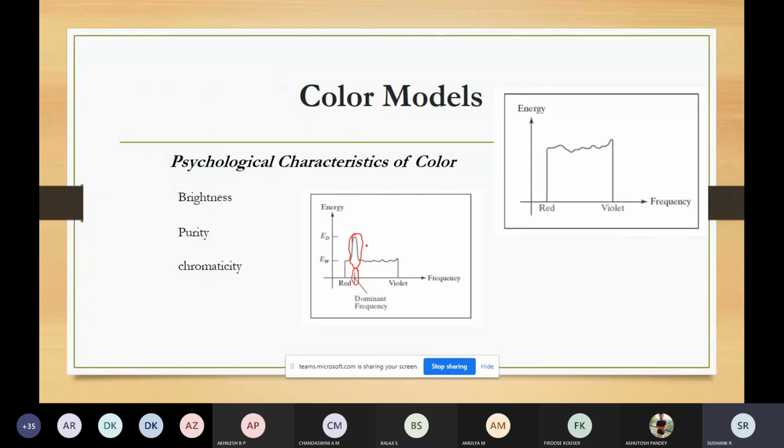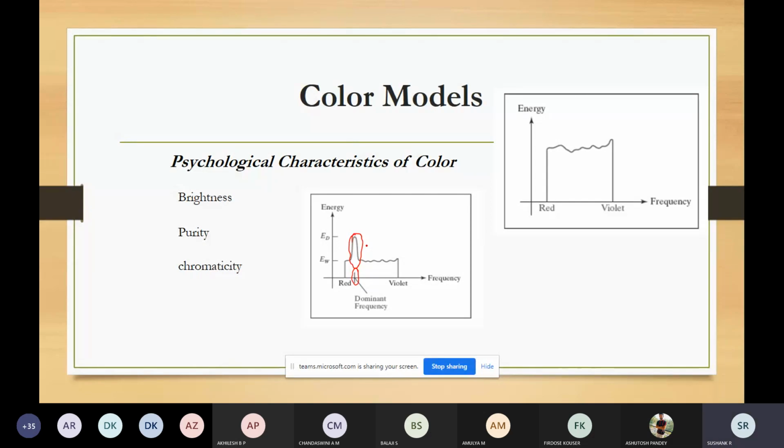Brightness means the total light energy, which you can also call the luminance of the light. Other than brightness, we have purity. Purity means how close the light appears to be a pure color, such as red, violet, blue, like that.